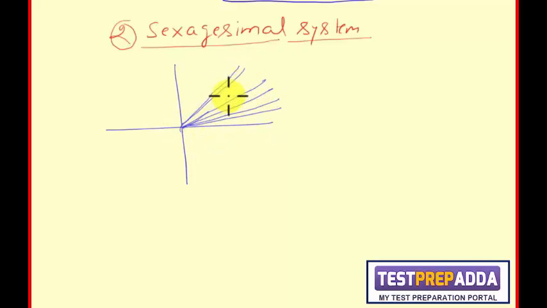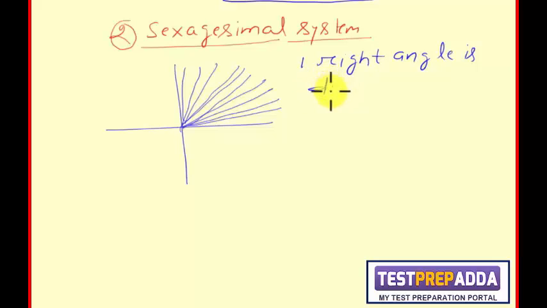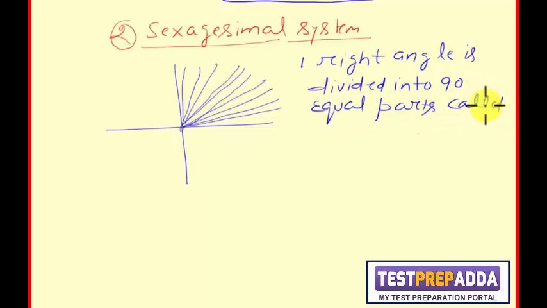How many parts? 90 equal parts called degrees.